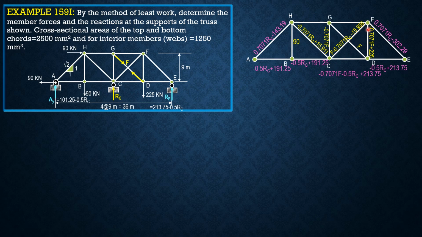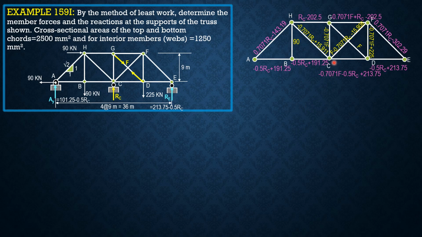Then at F, summation of forces horizontal, you will get GF, 0.7071 F plus RC minus 292.5. And finally, for member GH, R sub C minus 202.5 if you sum up forces horizontal at H.